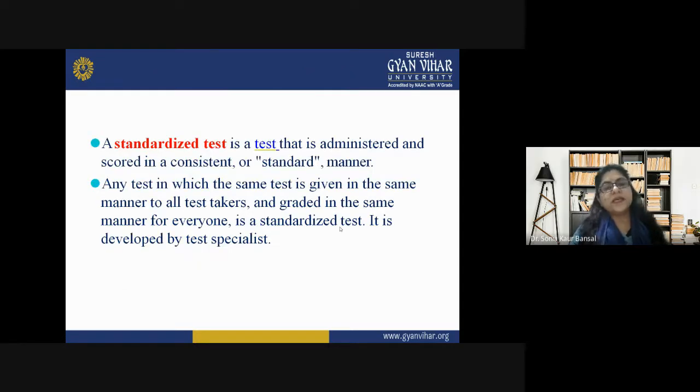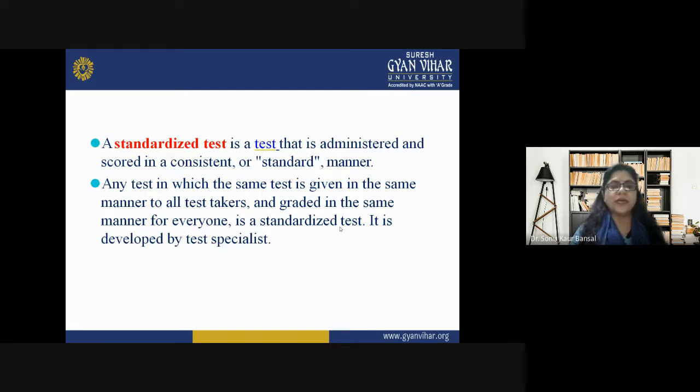Now, a standardized test is a test that is administered and scored in a consistent or standard manner. That means you have to follow the particular manual or scoring system for giving marks to the particular item, and you cannot change it on the basis of your will or your mood.